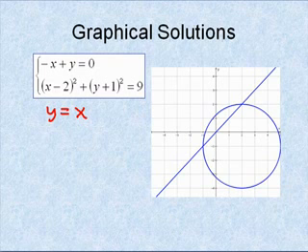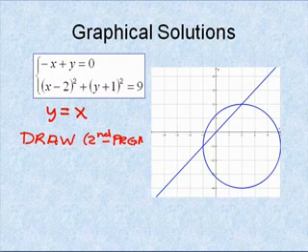And then for the circle, you're going to need to go to draw, which you get to by hitting second and then program. You're going to choose number 9, and that's the circle.